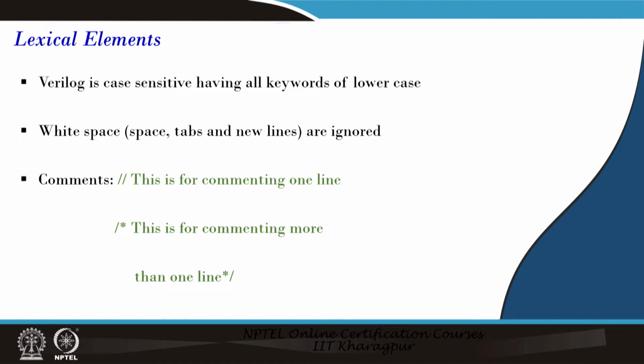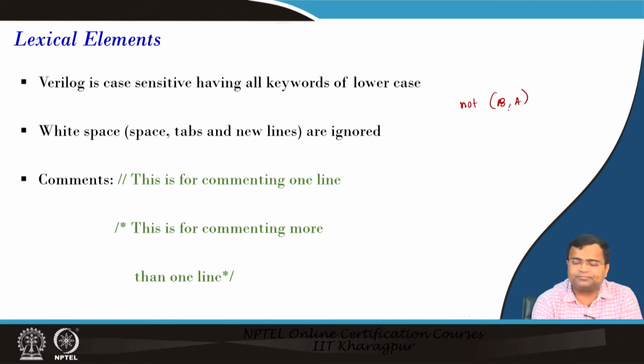For comments, earlier in the lecture we talked about a not gate. Suppose you are writing not, b comma a, you can also give some instance name. If you put a double slash, then that line will be commented. But if you want to comment a few more lines, you can use the block comment.